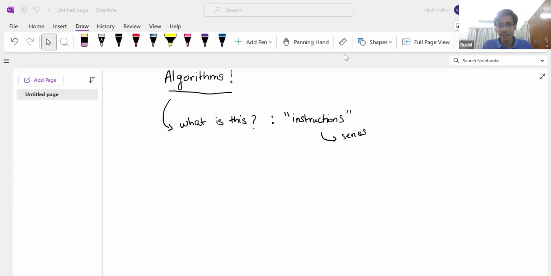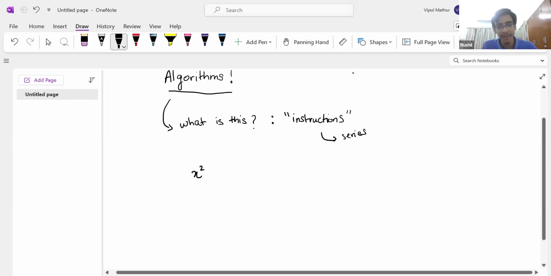So the way I like to think about it is that an algorithm is really a way of formalizing an operation. If you want to do something and you want to understand how you would do it in general, I would think of it as, okay, what's the algorithm? As an example, I know that for x squared plus 5x plus 6, if I want to find the roots, I can factorize it.